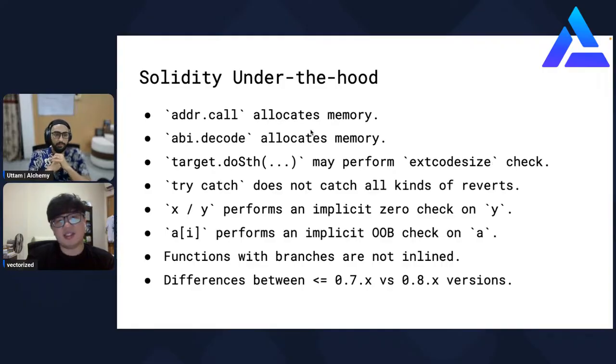Unless this function returns a variable, then it will use the returndatasize to check whether the contract exists instead of using extcodesize. Then you also need to understand the limitations of try, catch, all this stuff. And yeah.